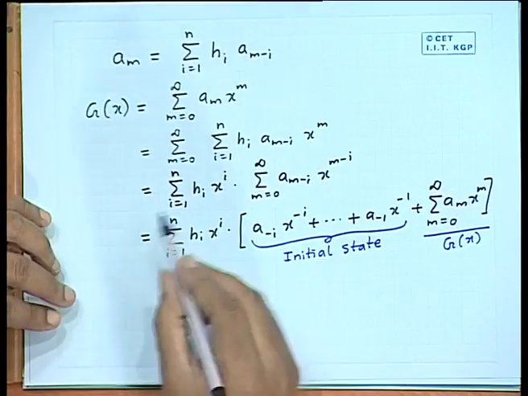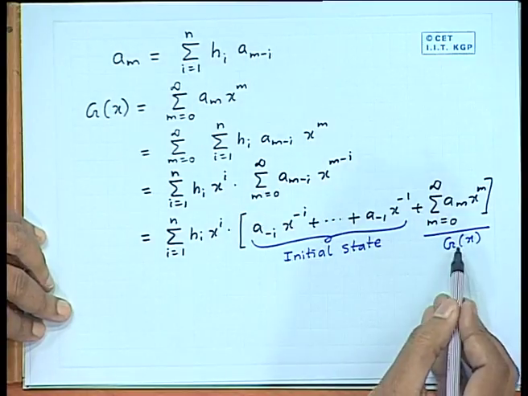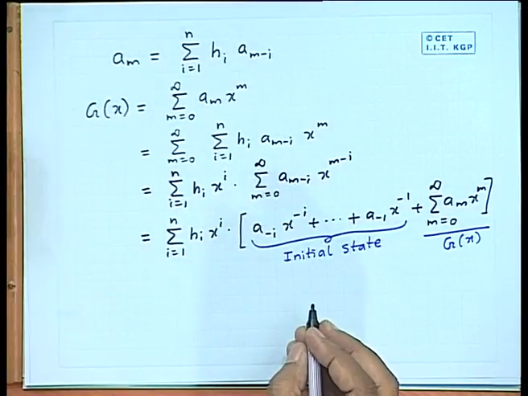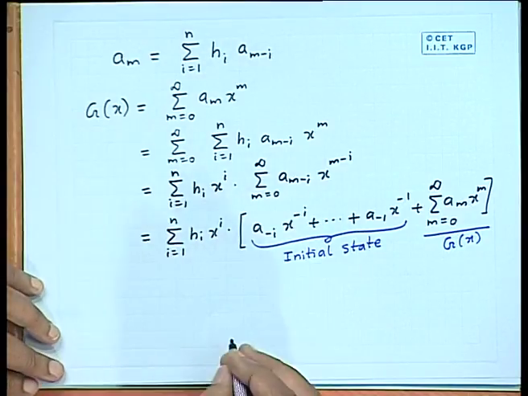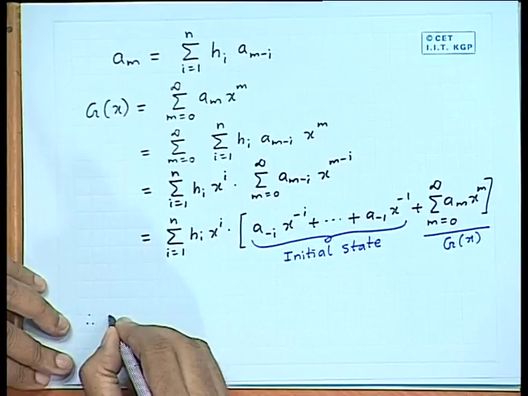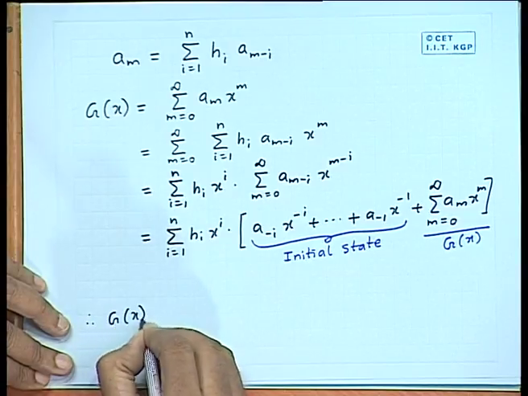Fine. So, by reorganizing the equation, taking g x on this side, and if we just solve it a little bit, you can get the final expression for g x from here.